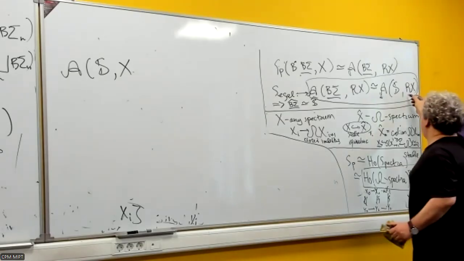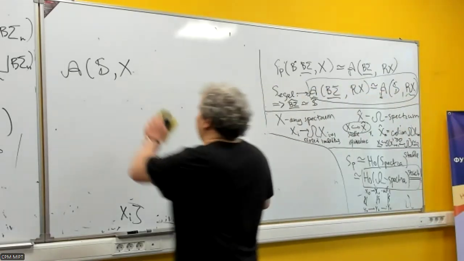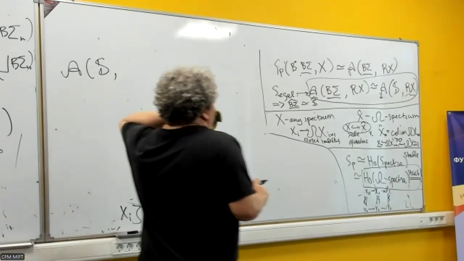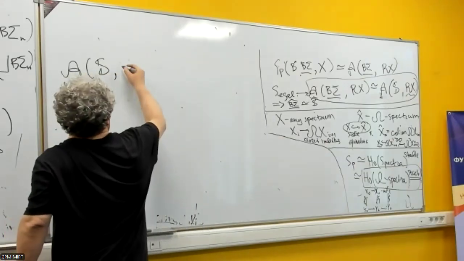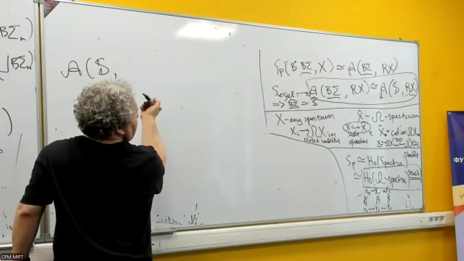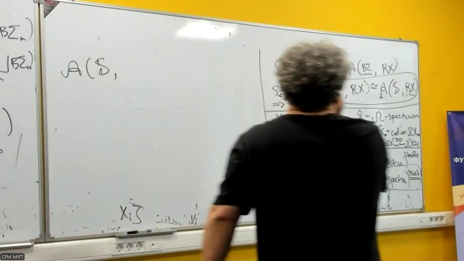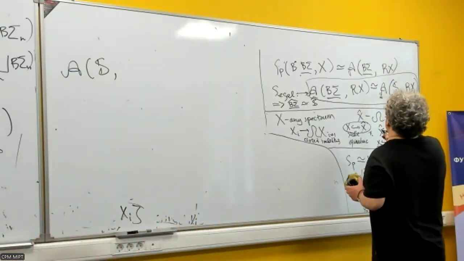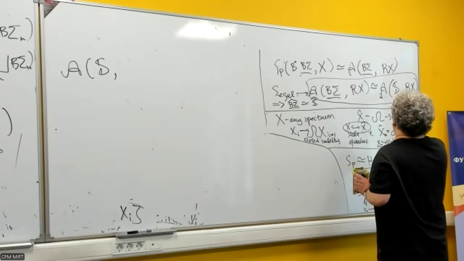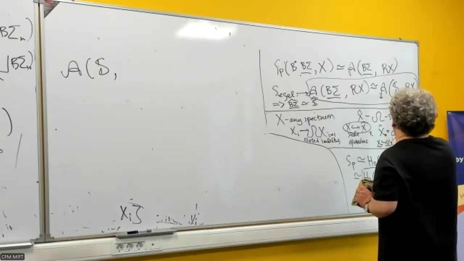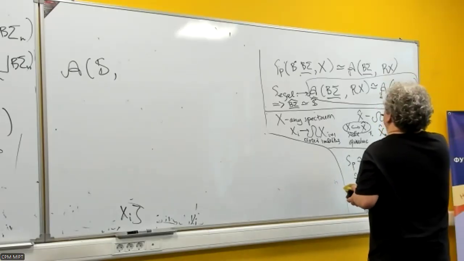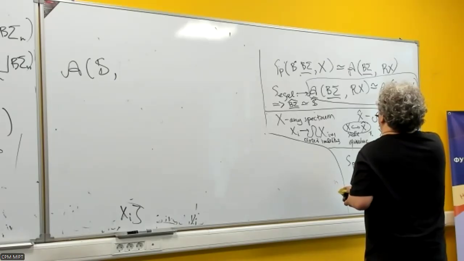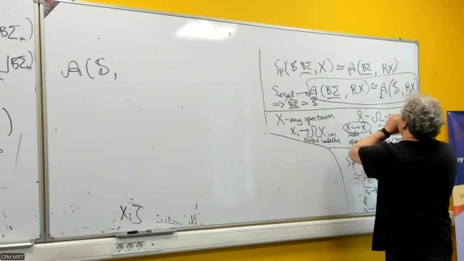So this is a gamma space then. I'm just a bit confused somehow. Just a second.